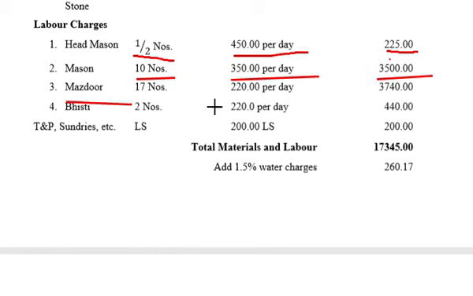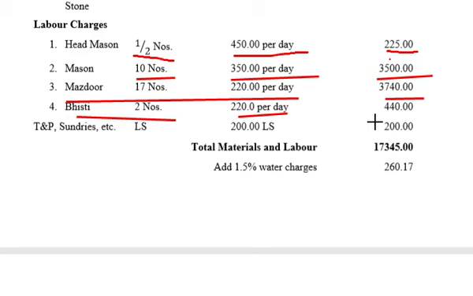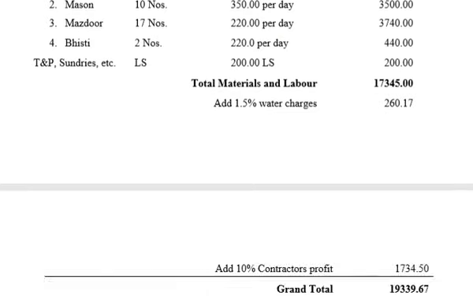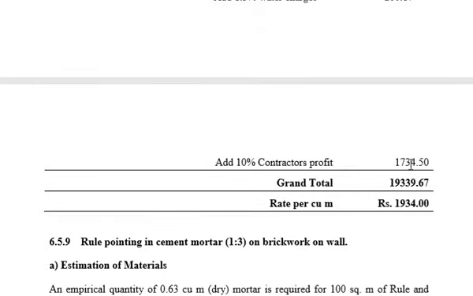Sand 3.6 cubic meter at 350 per cubic meter, 1260. Undressed stone 11.7 cubic meter at 200 per cubic meter, 2340. Through stone 0.8 cubic meter at 250 per cubic meter, that is 200. Now labor charges. Head mason half number at 450 per day, 225 is the cost.